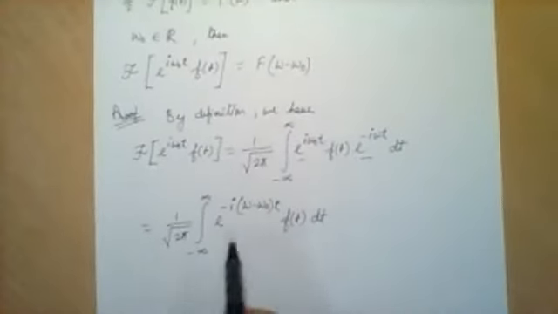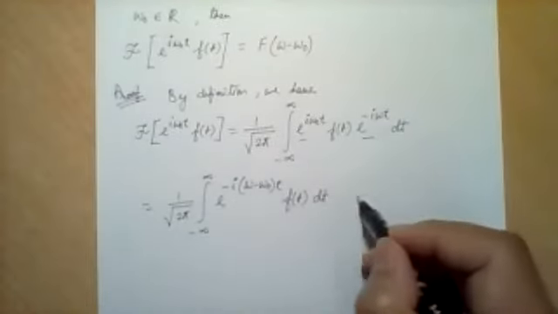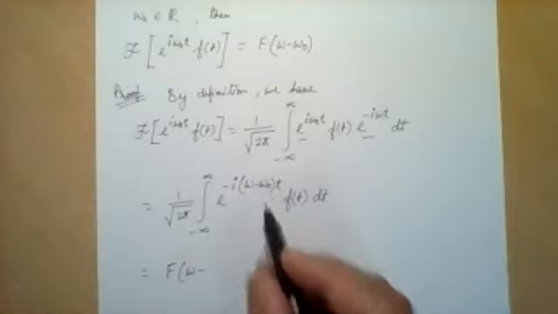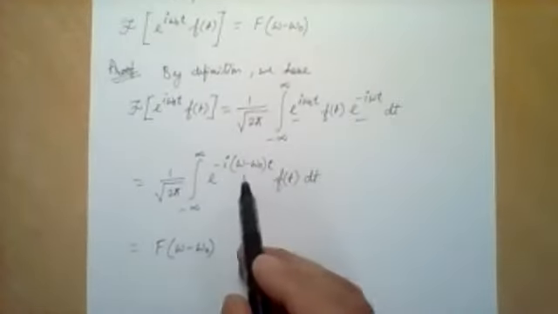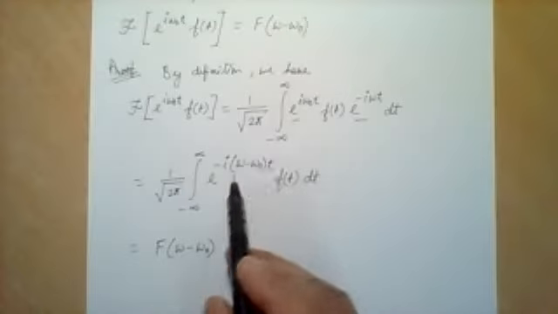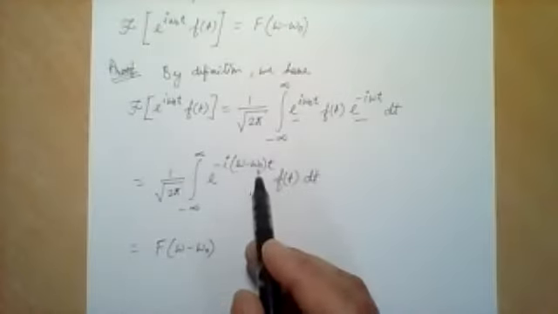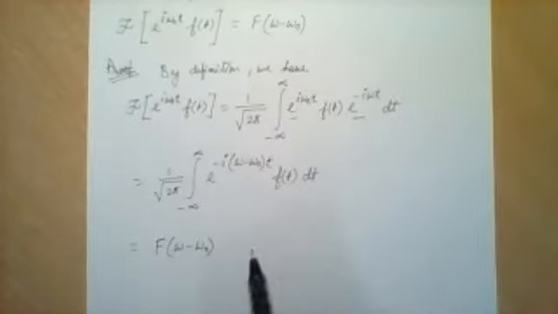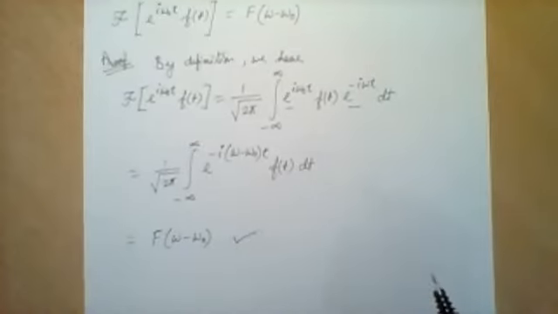Now, if you look at this closely, this is nothing but capital F of omega minus omega naught. If we had only omega t here, then that would be capital F of omega, and since we have omega minus omega naught here, this is capital F of omega minus omega naught. So we have proved the given property.